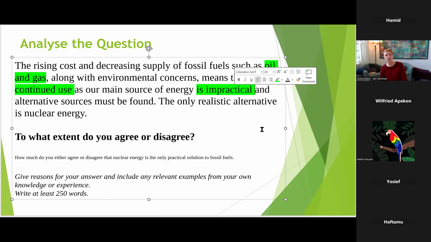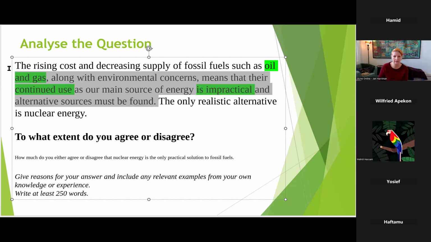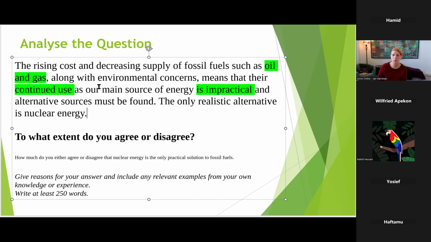And alternative sources must be found. Okay. So do you see how this is stated as fact? Right? But it's all background information. It is saying why we need alternative sources, right? So oil and gas, continued use is impractical.